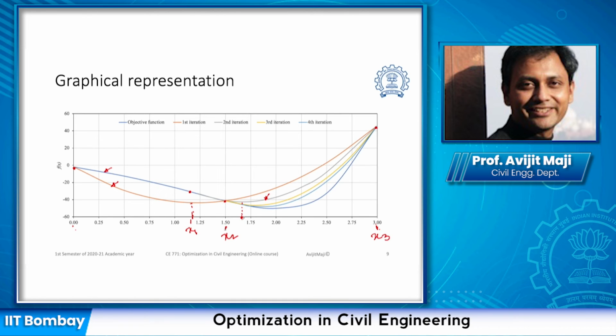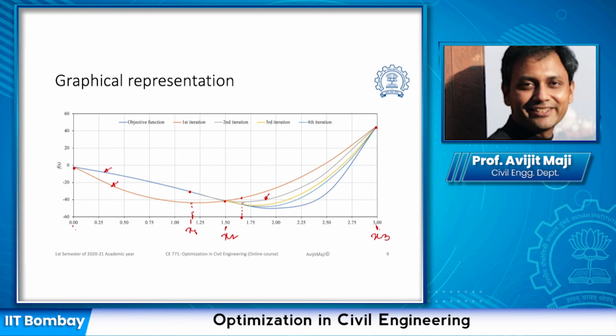So at this point, if we look into the function value of the given objective function, and compare the objective function value of the 3 points, we'll find out that the objective function value here is still better.